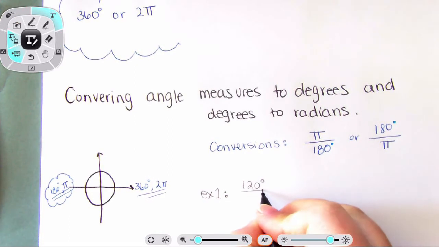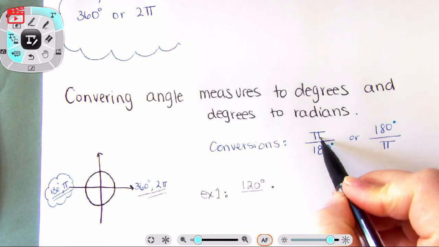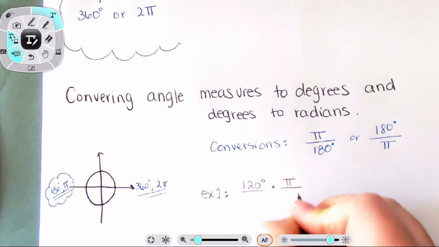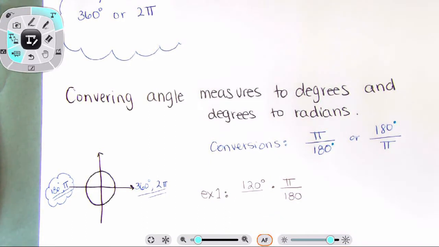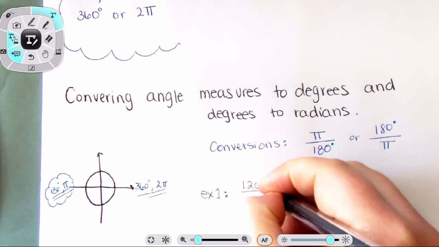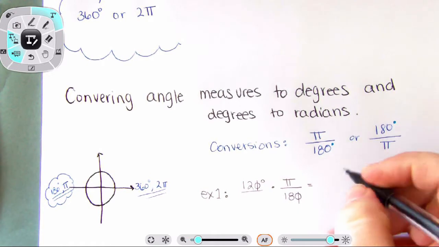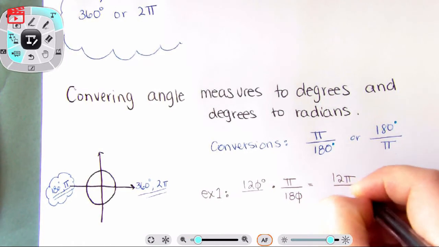So starting out with degrees, I want radians. So if I want radians, I'm going to choose the one with the radians on top. So I'm going to choose pi over 180. Since you do not have a calculator, anything that ends with a 0, you get to cross out or divide by 10. So then we have 12 pi over 18.